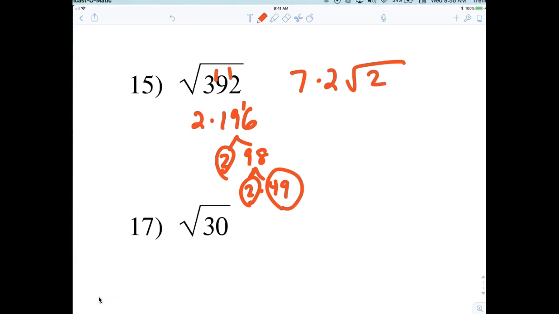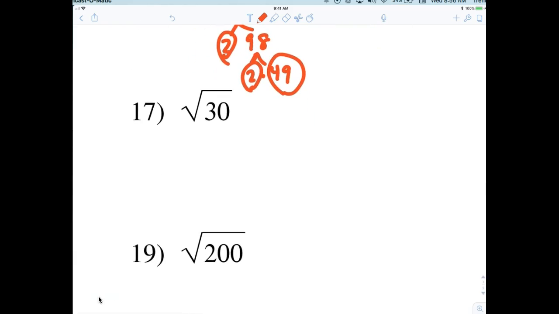All right? Yeah, I don't care. If you knew the square root of 196 was 14, you should know that. I'm just saying some people don't, so they have to break it down. So my answer was 14 radical 2 unless you knew the square root of 196. Is everybody with me? And everybody should look at square root of 30 and say 6 times 5, 2 times 3 times 5.